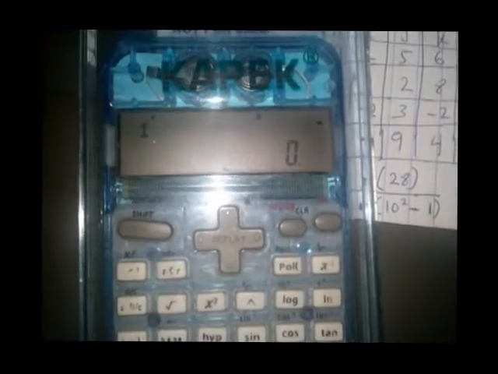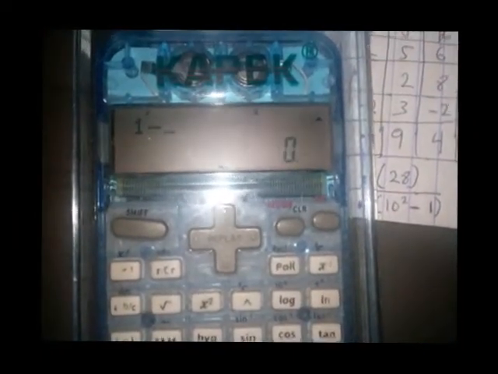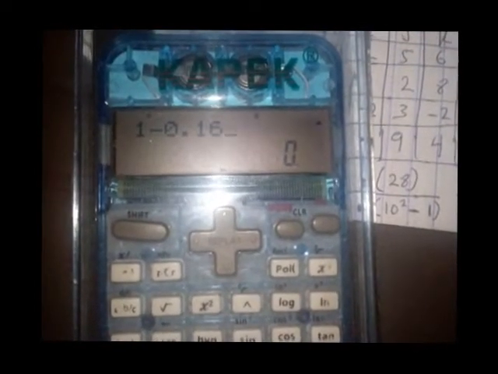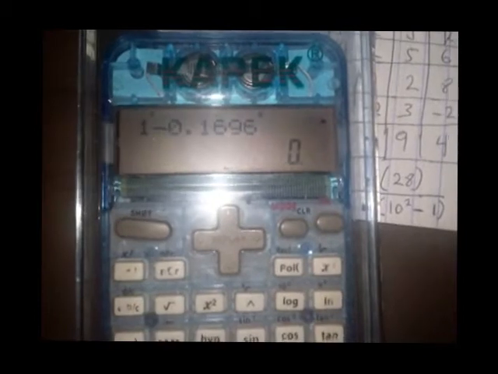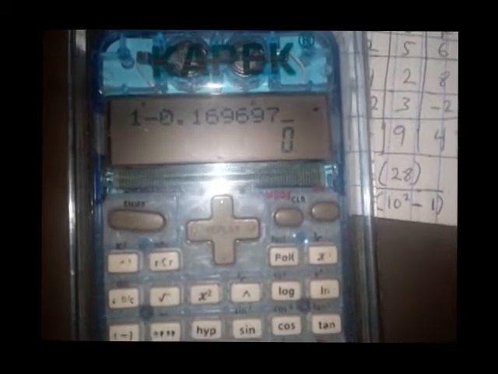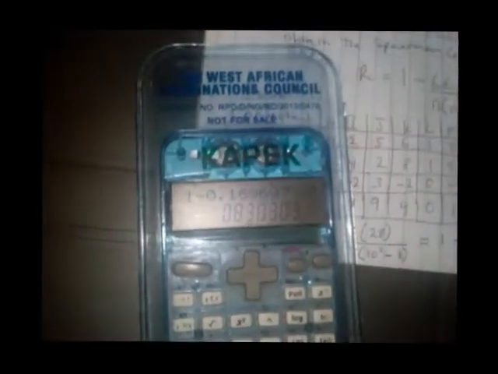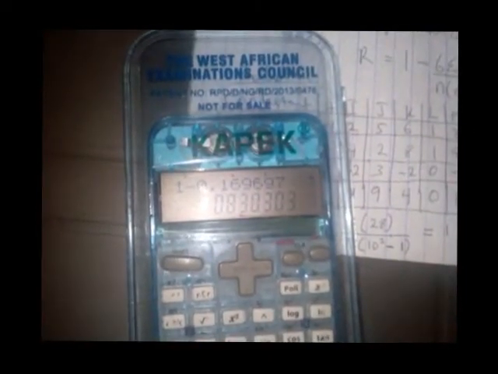So now 1 minus 0.169697, and I have here 0.830. So this is 0.830.